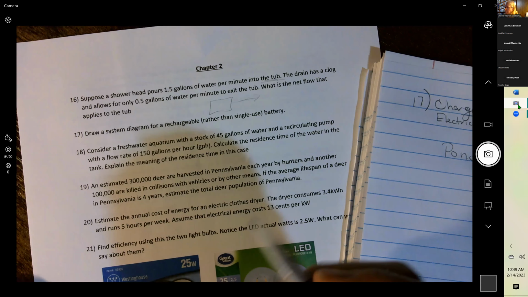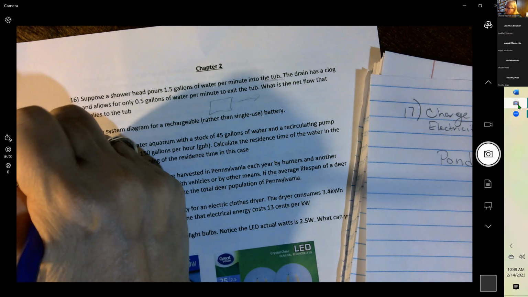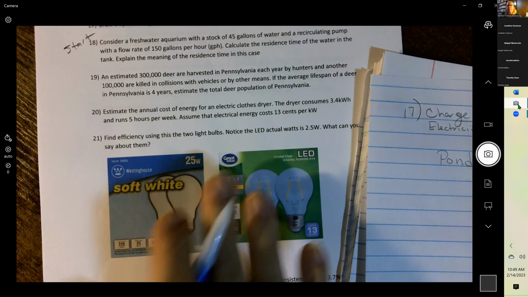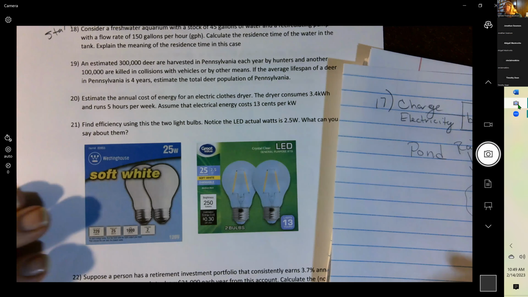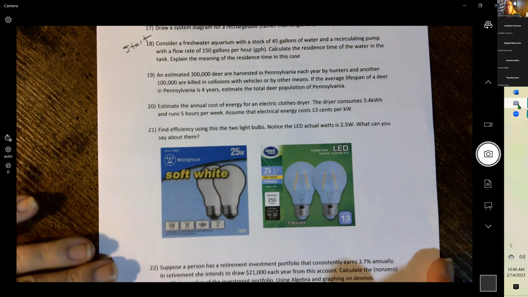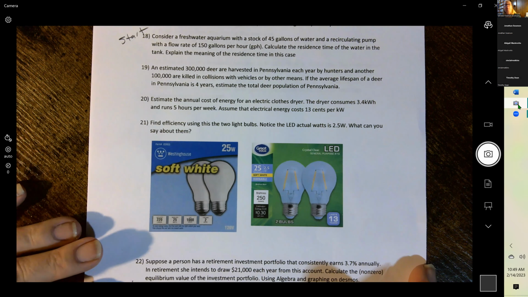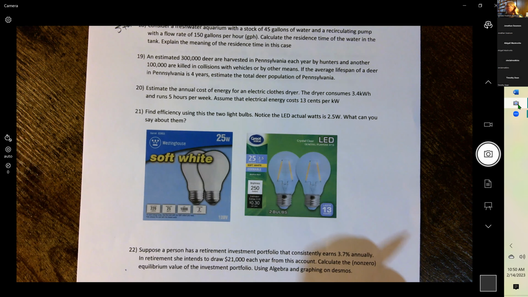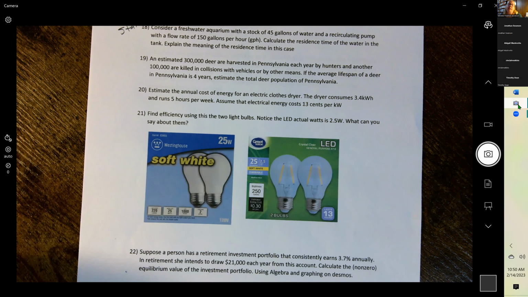Oh, there's only a few more. But it's a good idea if you try these before tomorrow, and then that way you can see what you understood, what maybe you didn't. But we will go over the rest of them tomorrow. And I'll know exactly how many questions are on the test. And I'll let you know.